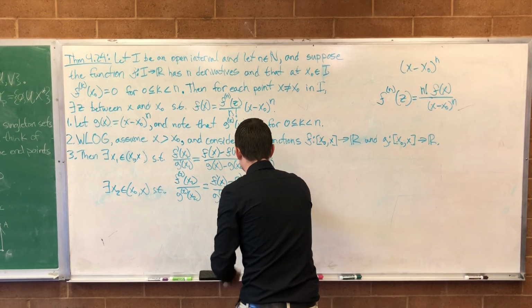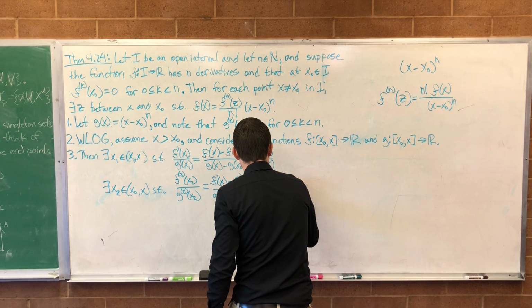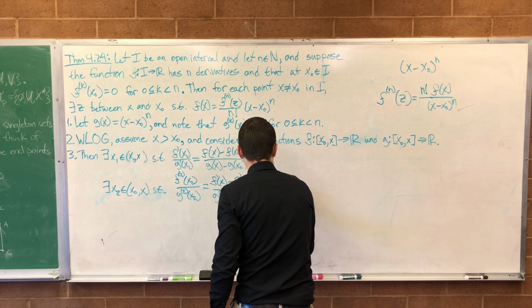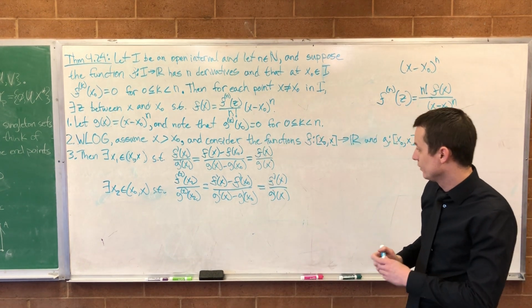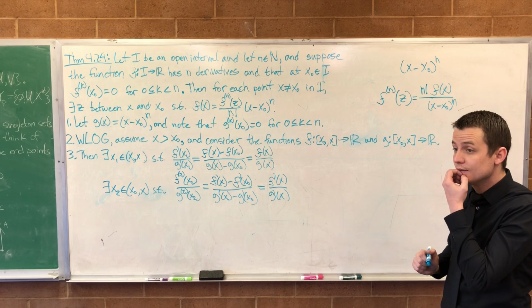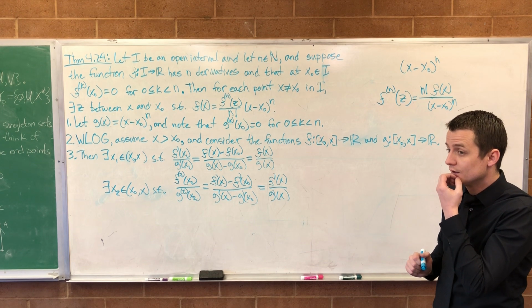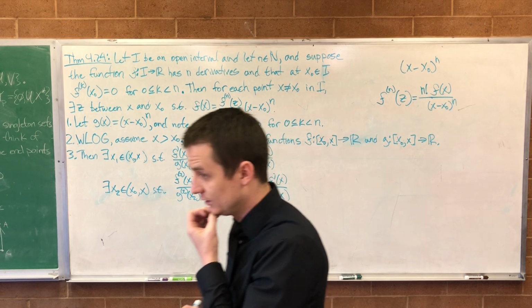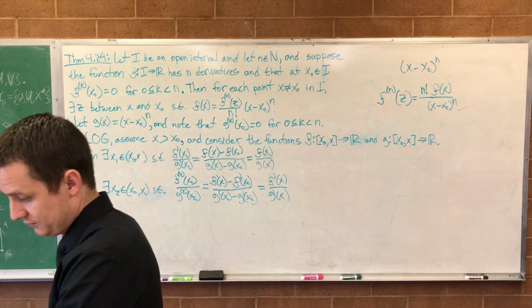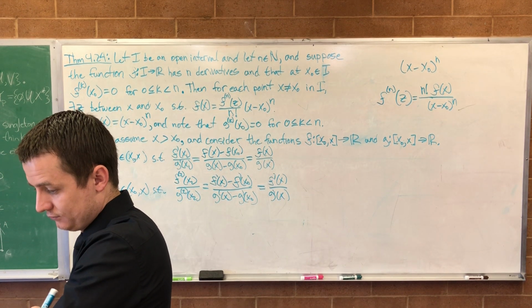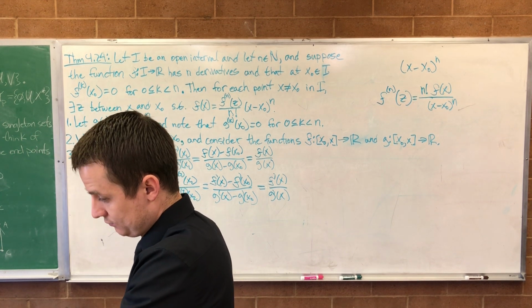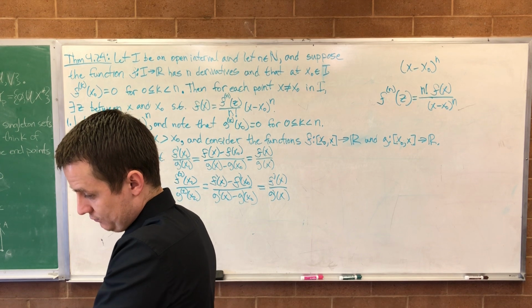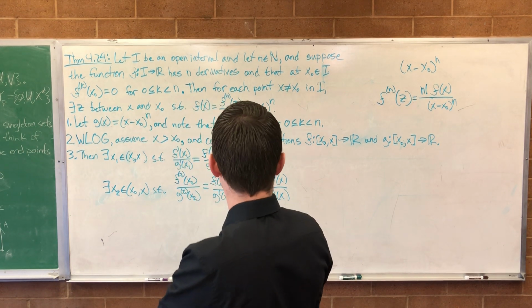But then that's a 0, that's a 0, which gives us f prime of x over g prime of x. Just using it twice. So basically f of x over g of x equals f double prime of x2 over g double prime of x2.